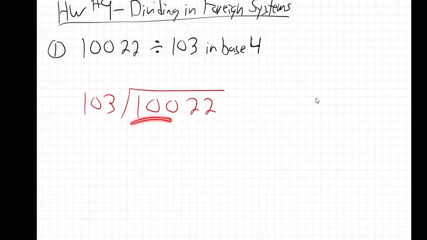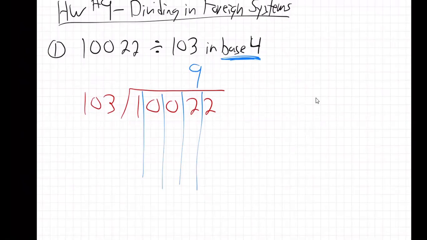Same basic idea. You can't go into 100, so you got to go into 102. How many times should we go? Is the 9 good again? Should we just do the 9? We're doing base 4 now. Now we're doing the actual base 4. Do you think it's going to be the same starting spot with a 9? No, because if you're in base 4, you can't have an answer higher than 4.